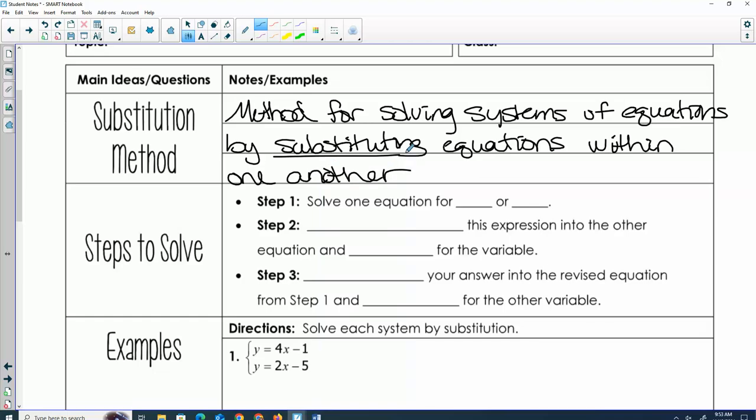So, substitution method, you are going to take one equation and substitute it in the other.